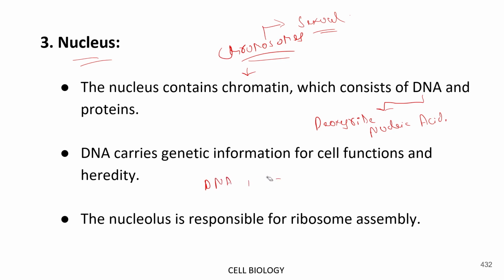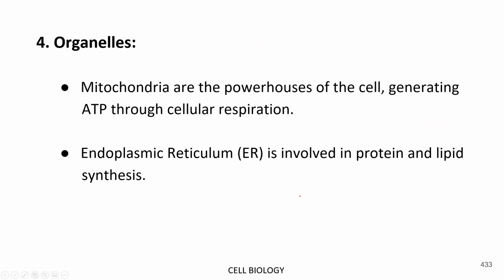Okay, where DNA stands for deoxyribonucleic acid, RNA stands for ribonucleic acid. Okay, so we will learn about them also in the biological section. Till then, just remember the full forms which I have told you. Got it? Now, organelles.